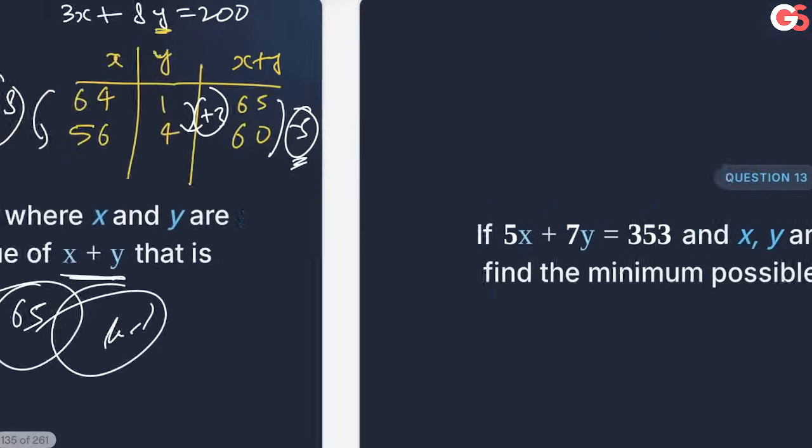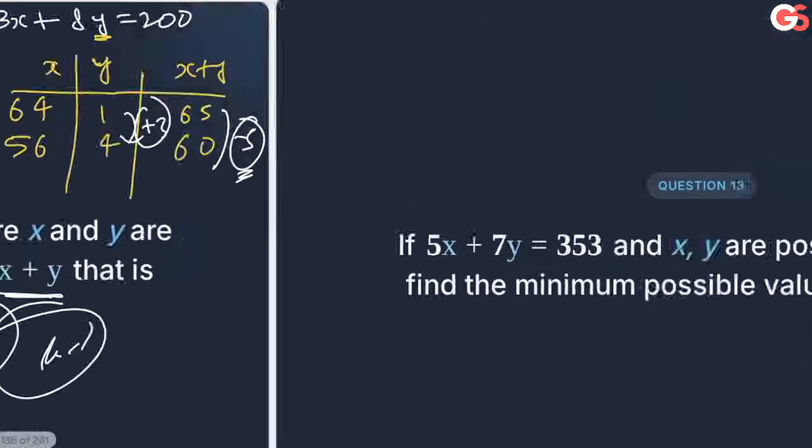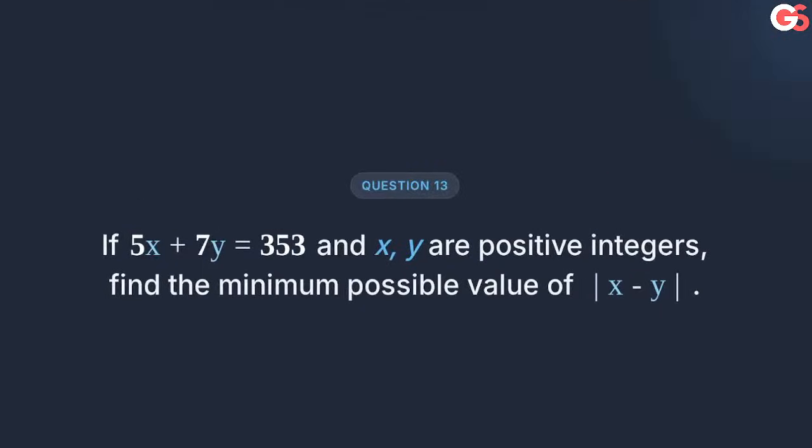Next. 5x plus 7y is 353. x, y are positive integers. Minimum possible value of mod of x minus y. Okay, is 353 divisible by 5? No. By 7? No. Never mind.